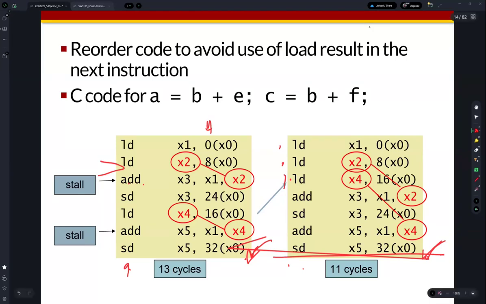So if we just compare the clock cycles, this code will take 13 cycles, and this code will take 11 cycles. Then what is the speedup? Speedup is 13 over 11.